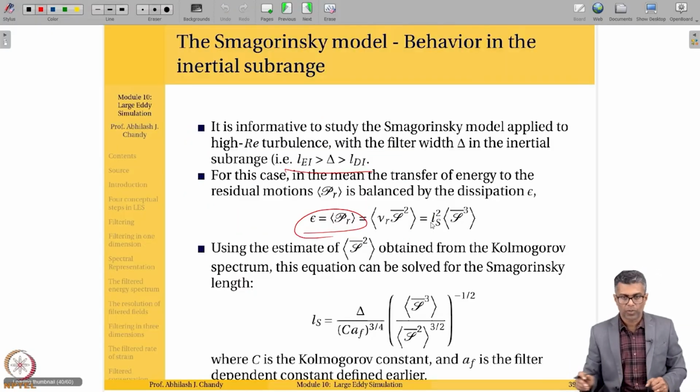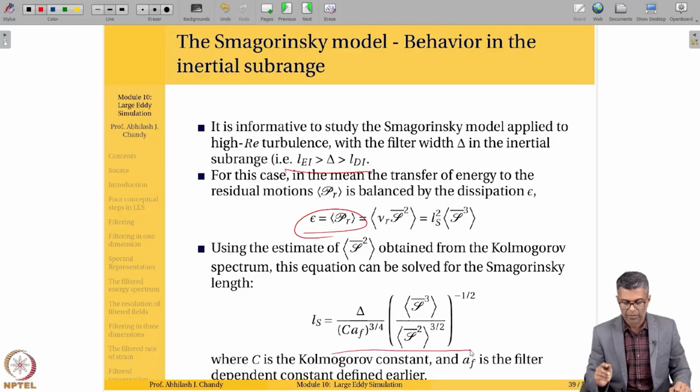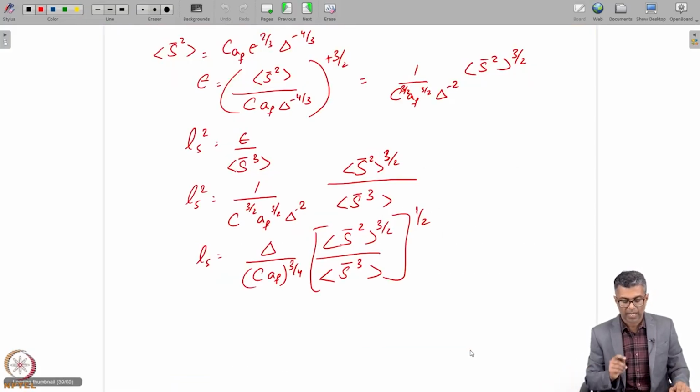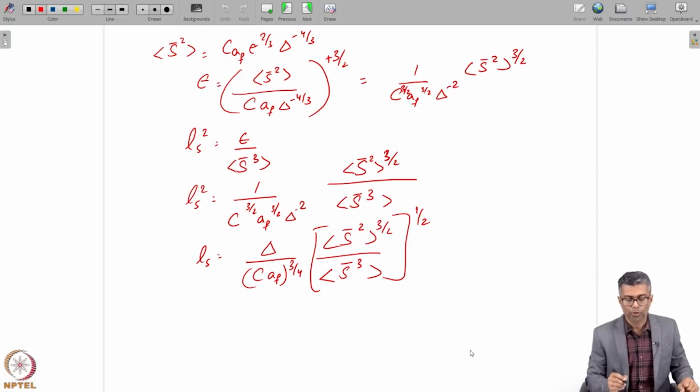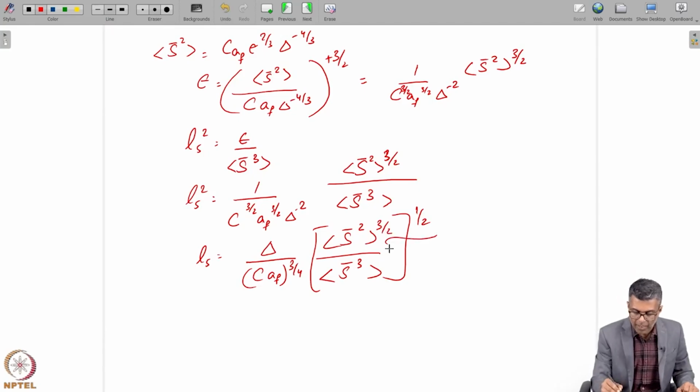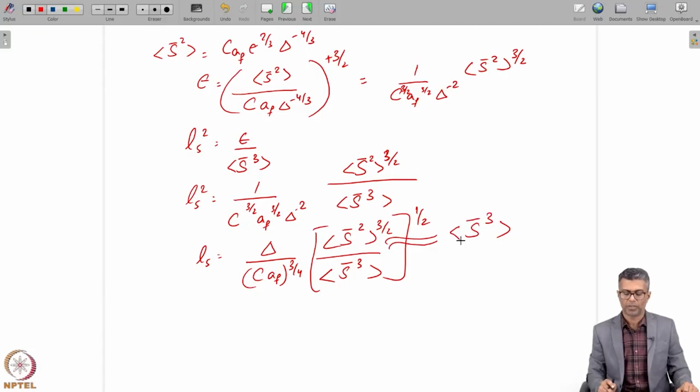So essentially that is what I have here. L_S is equal to delta over C A_F to the 3/4 and S bar squared to the 3/2 over S bar cube, the whole thing to the half. Now here is where I make an approximation. I am going to assume that S bar squared average to the 3/2 is approximately equal to S bar cube average.